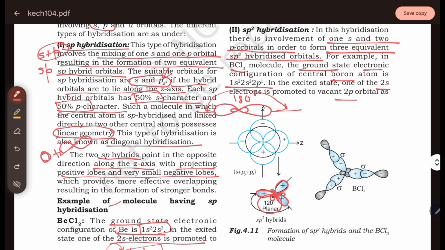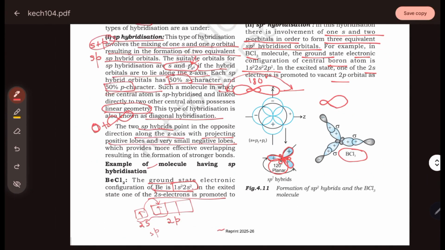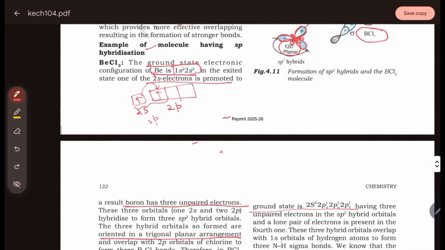Each hybrid orbital looks somewhat like this after hybridization, and three such lobes are oriented at an angle of 120 degrees in order to experience minimum repulsion. This is the orbital overlap of the BCl3 molecule, where boron is the central atom.